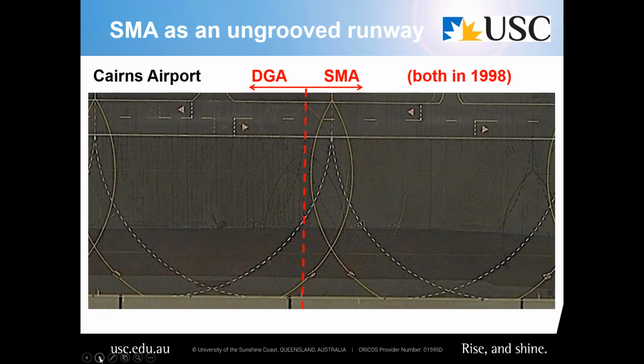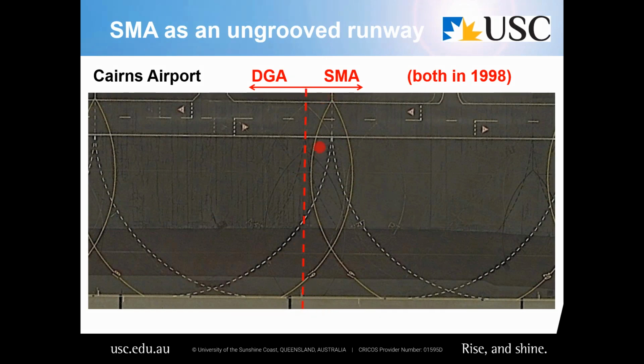There's a photo from Cairns Airport. It's apron parking positions at the north end of the domestic apron. There's this red line that I've superimposed on top of this photo.